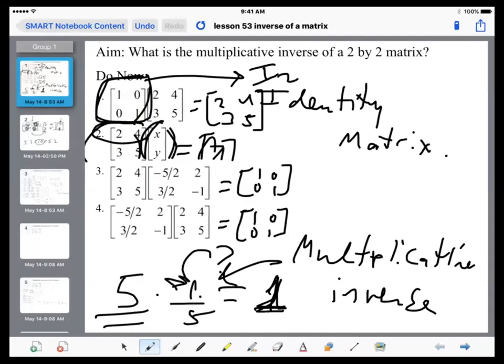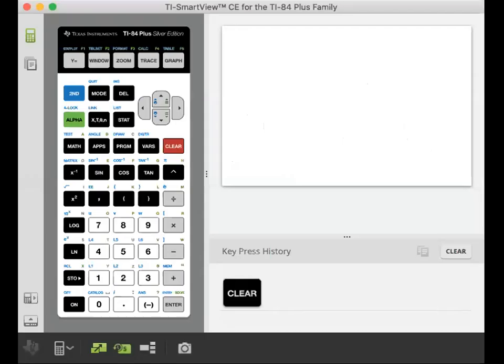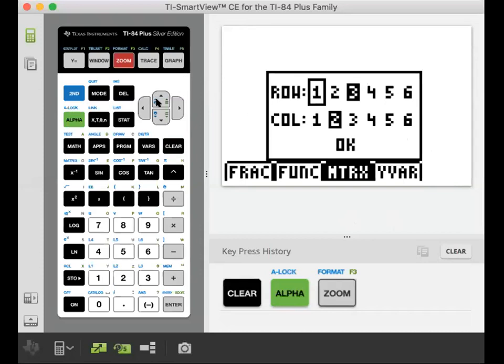So let's take a look. Let me bring up the graphing calculator now. Here we go. Okay, so we're looking at the graphing calculator. And if I say alpha zoom, this is really the easier way to make matrices.